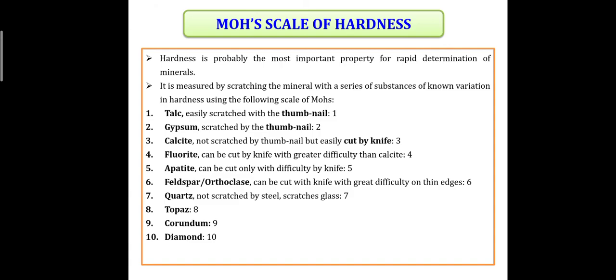Topaz, corundum, and diamond are very strong material stones, so they are used as very precious stones or rich gemstones. Feldspar and quartz are rich in granite. Calcite is rich in marble.